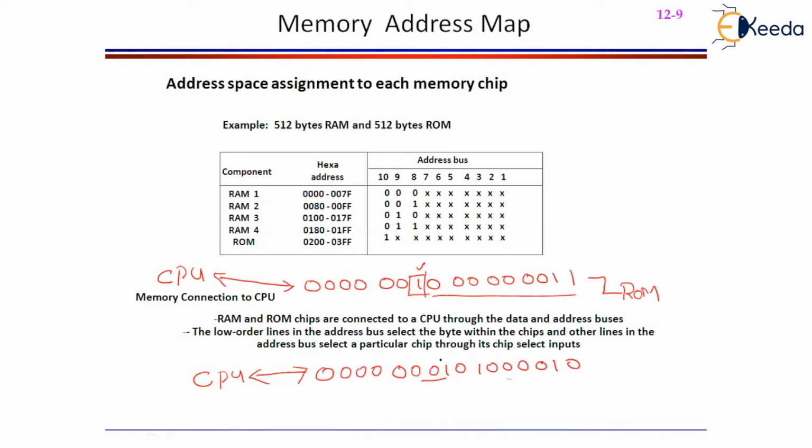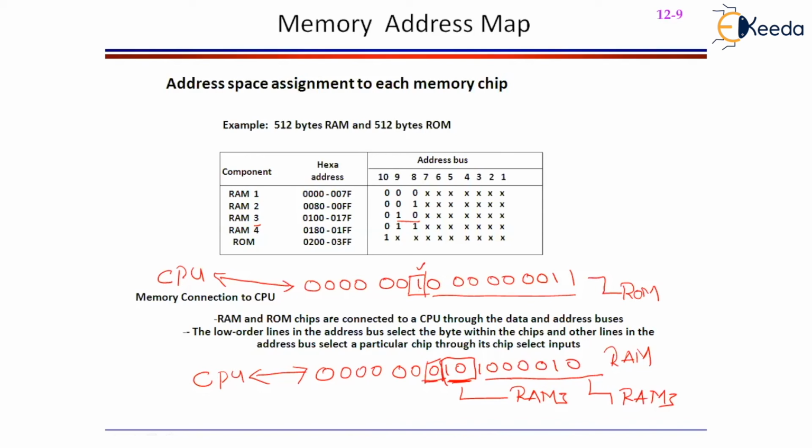The 10th digit is equal to 0, which means that it is a RAM. Which RAM is it? Have a look at the 9th and 8th digits. They are 1, 0. 10 means the third RAM, right? Yes, so this falls under RAM 3. After which, the remaining 7-digit address will be located in RAM 3.